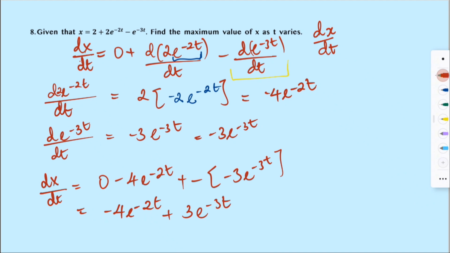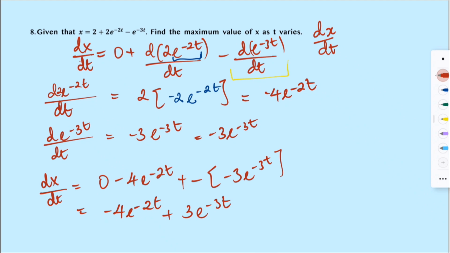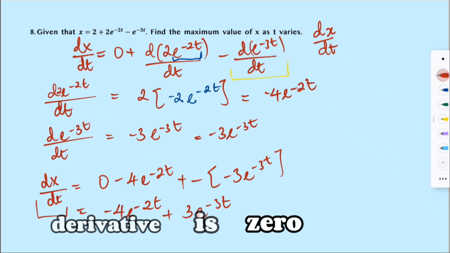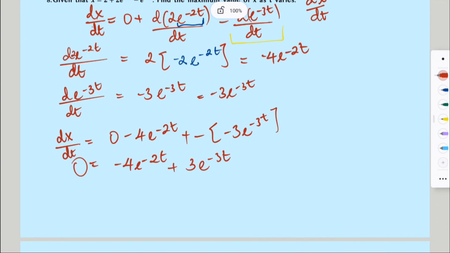That's the derivative. Now, a maximum value occurs when the derivative, or the rate of change, which is this, is equal to 0. So I'm just going to equate this to 0 right over here, so that we can work out the value of t, the time at which this occurs.